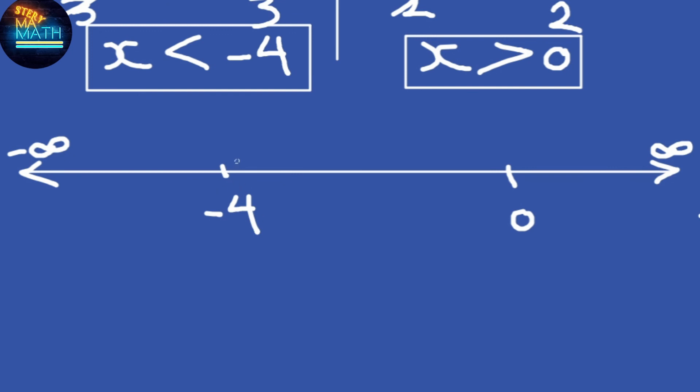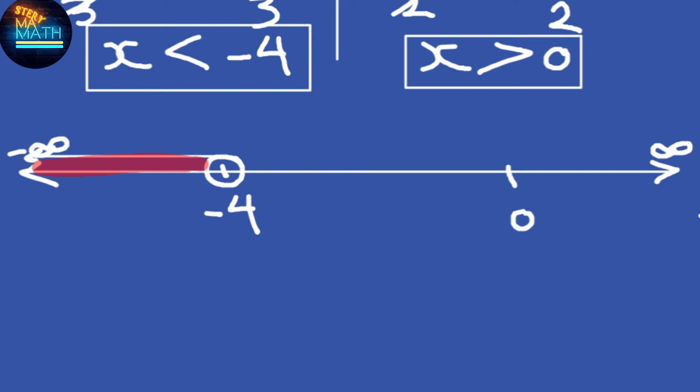So here is the circle, and the circle is open because there is no equal underneath the less than. And then you will go towards the left, or towards negative infinity, and shade all the numbers on the left.